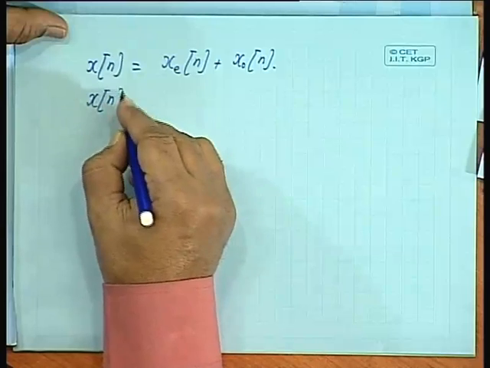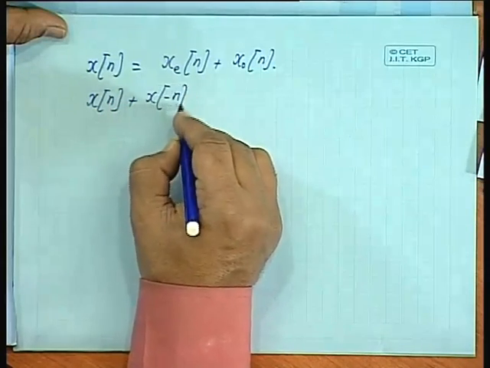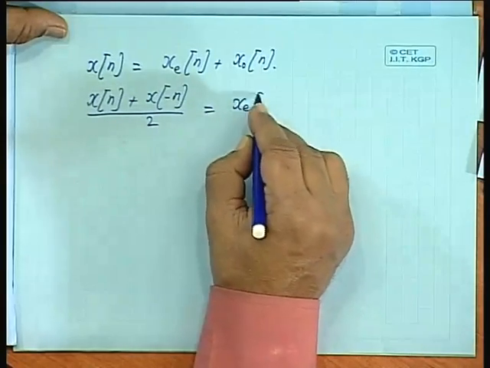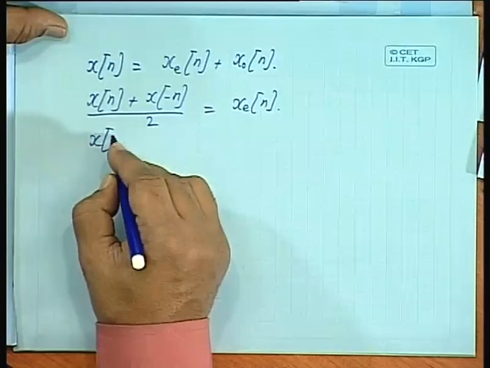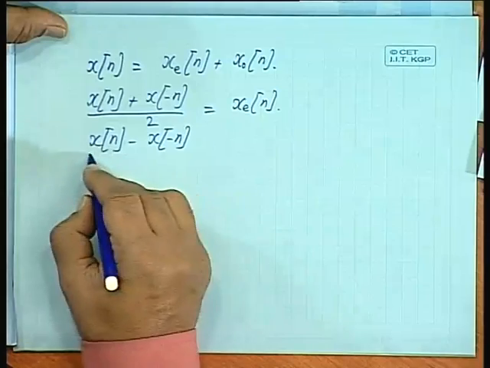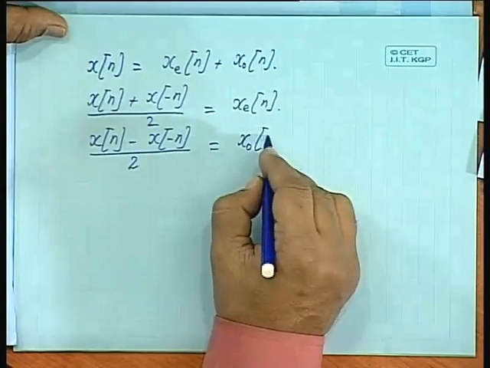You take x n plus x of minus n divided by 2, that gives you x e n. Okay. Similarly, x n minus of x of minus n divided by 2 will give you x o n.